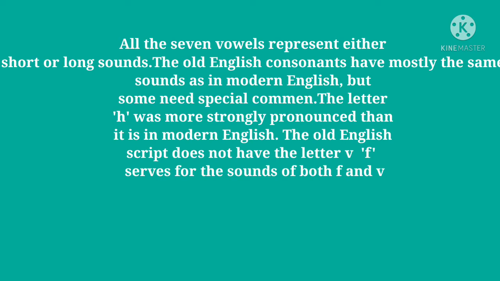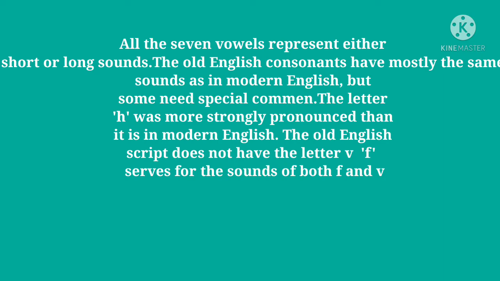The Old English consonants have mostly the same sound as in modern English. They have similarities, but some need special comments. The letter H was more strongly pronounced than it is in modern English.